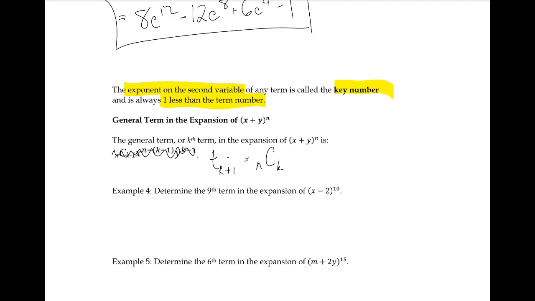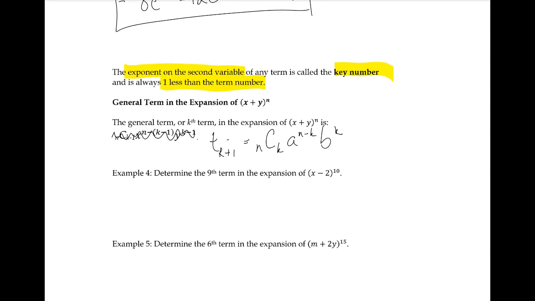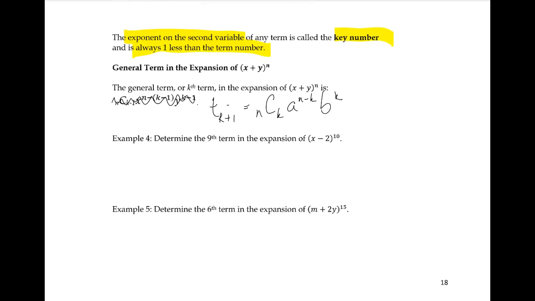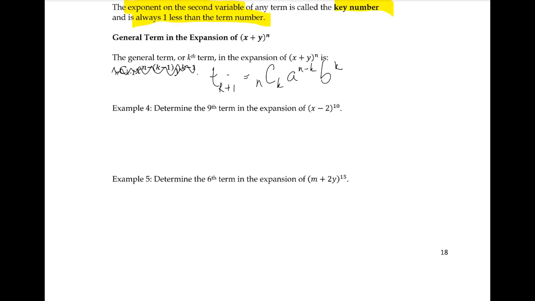And then again, a to the power of n minus k, b to the power of k. And so that k value is our exponent on b. So maybe we reword this. Yeah, 1 less than the term number is correct. Okay, so k is the key number.